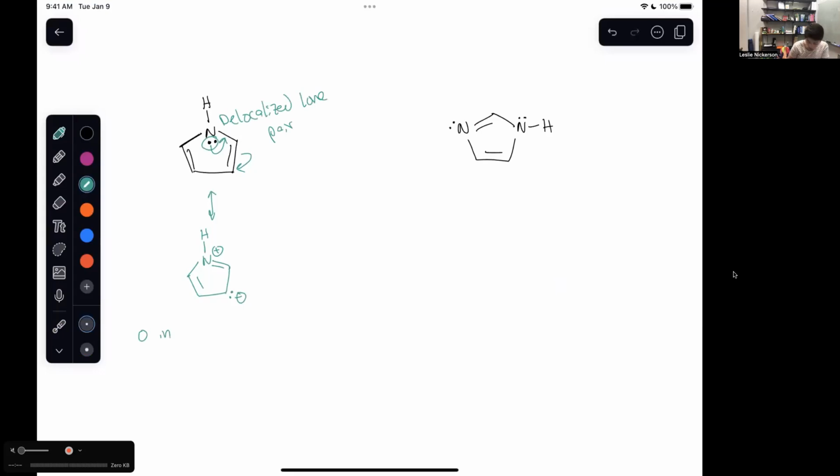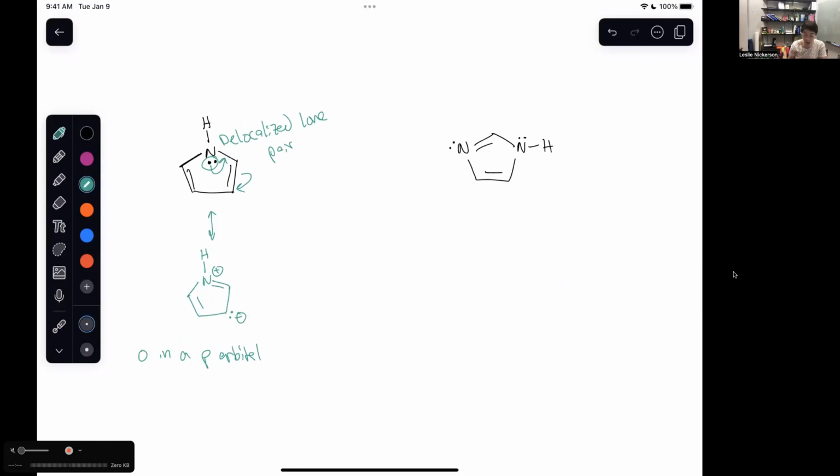So the green one is in a p orbital again. Okay, if we look at our other example on the right-hand side, we have another nitrogen that looks very similar to that, where we can go here, here, right? So this one is going to be a similar option, where that is going to be in a p orbital.